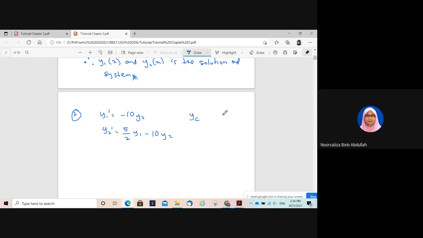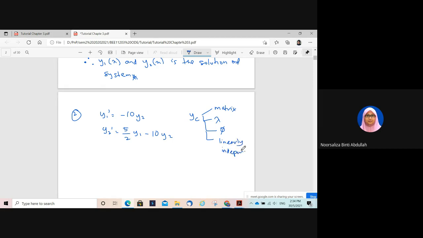To find YC, first you have to arrange in a matrix form. And then you have to find eigenvalue, and from eigenvalue you can find eigenvector. Then you have to prove that this one is linearly independent or not.